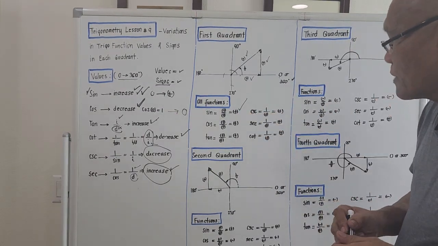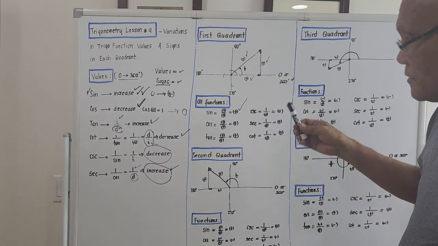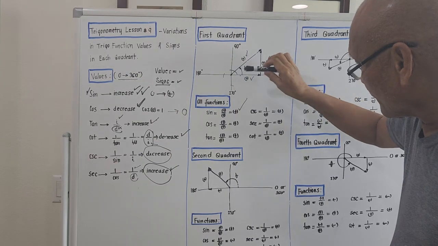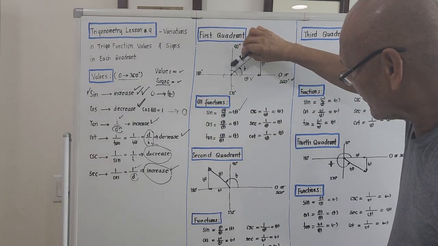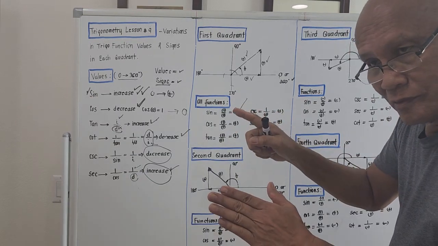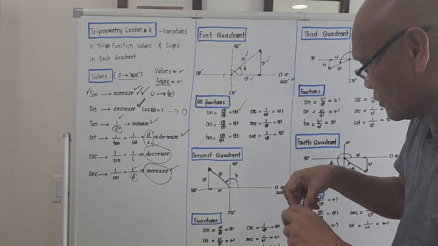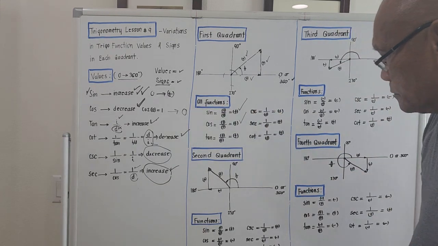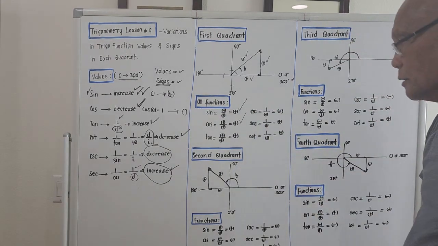Okay? For the cosine, it's the same. Cosine is adjacent over hypotenuse. Considering this angle theta here, adjacent over hypotenuse, a plus over a plus. So the sign of the cosine function will still be plus if it falls under the first quadrant. As easy as that one.